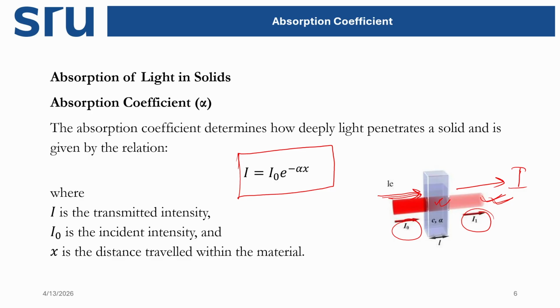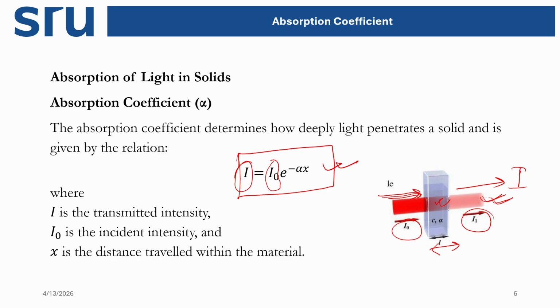Here the I value is known to us, we can measure it, and this is our source light intensity, which we can measure. We also know the x value, that is the length the light travels in the material. This is known to us, then alpha we can calculate.